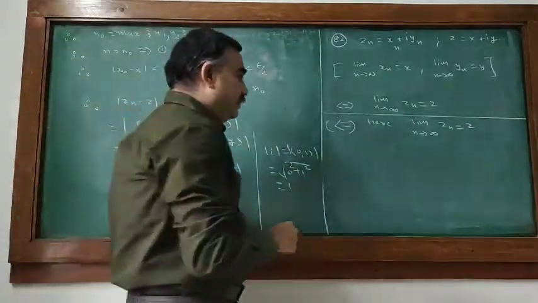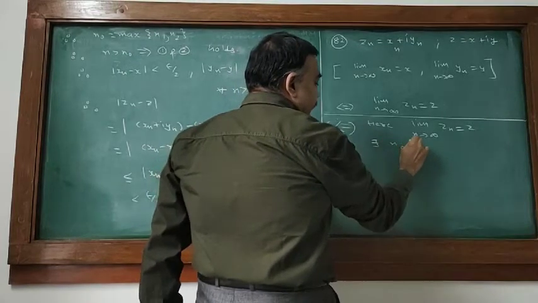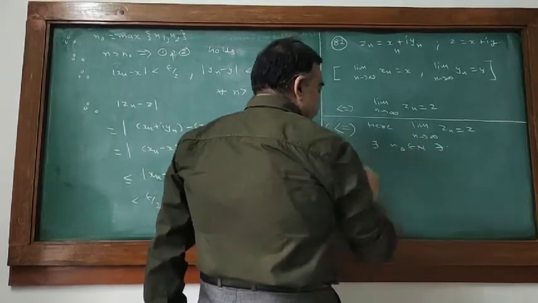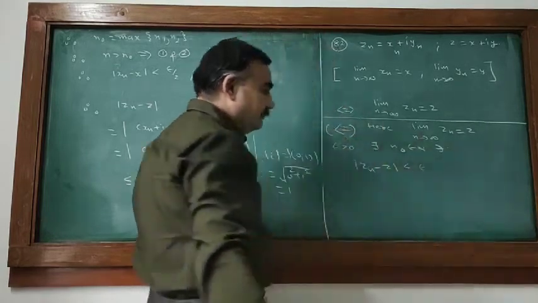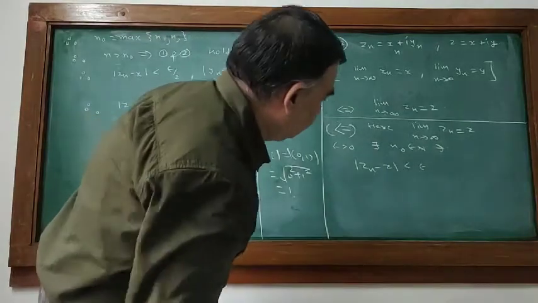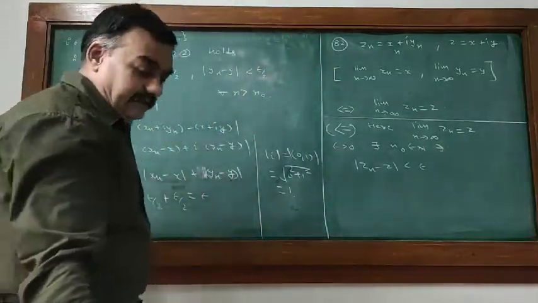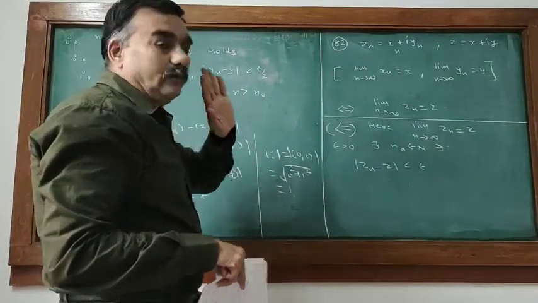Therefore by definition, for epsilon positive, there is n0 in N such that |Zn - z| is less than epsilon. Now you understand which type of idea we are going to use here.